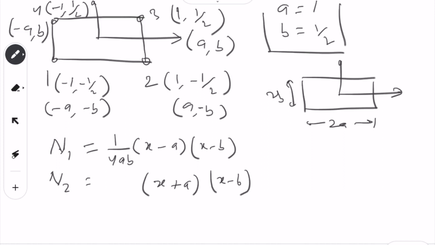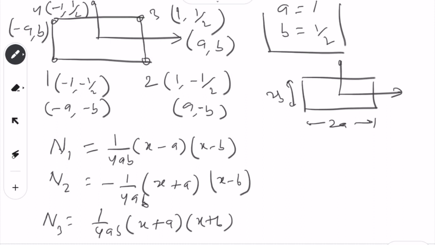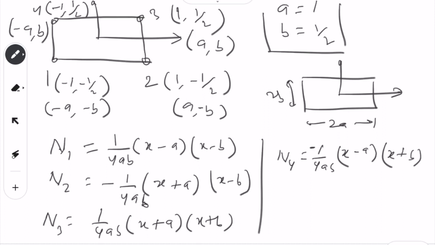Yeah, and this will be... so put the value here, and you get 2A multiplied by minus 2B, so minus 1 over 4AB, and N3 will be equal to 1 over 4AB, x plus A times x plus B, and N4 is equal to 1 over 4AB, and we will have x minus A, x minus A, x plus B, it will be minus.